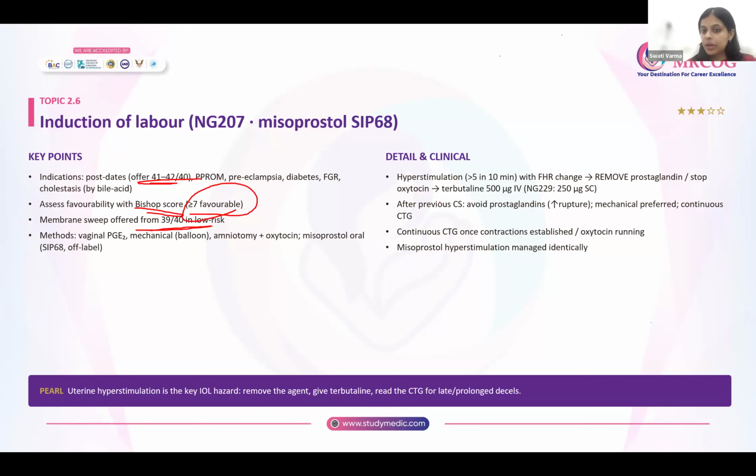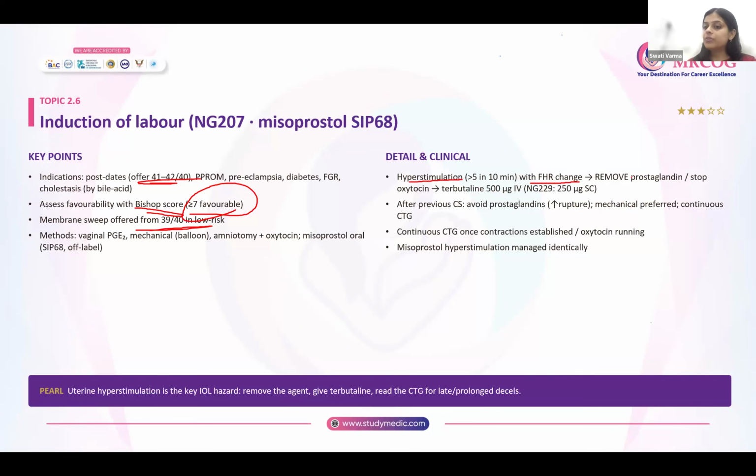Coming to hyperstimulation, which is one of the risks associated with induction of labor. Easily the woman can go into hyperstimulation. More than 5 contractions in 10 minutes with any FHR change if visible. If CTG starts getting affected because of this hyperstimulation, then is the time when you have to remove the prostaglandin, stop oxytocin.